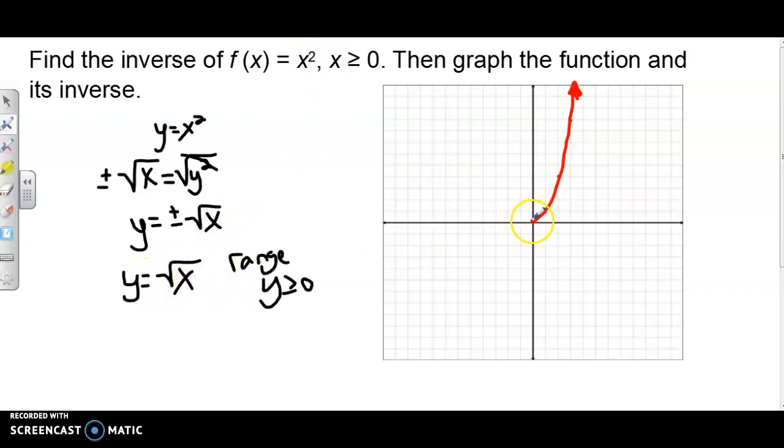So if I go to graph this, I start at 0, 0, it's at 1, 1, and then it is at 4, 2, and it would then also be at 9, 3, and it's then graphed a smooth curve like this. Yeah, not too shabby. Alright, so that is the inverse of the graph, and they're both graphed there for you.